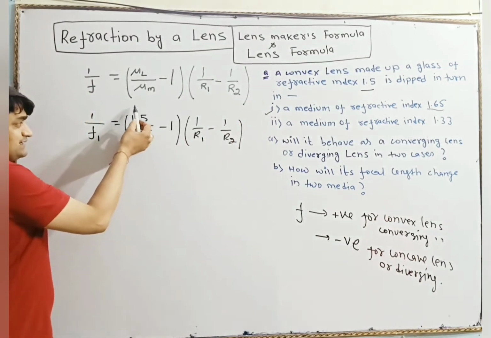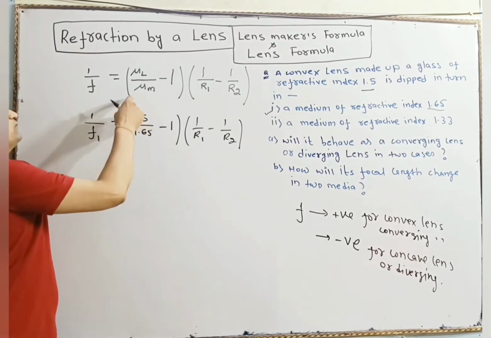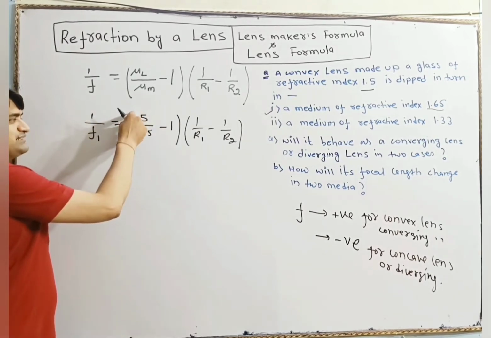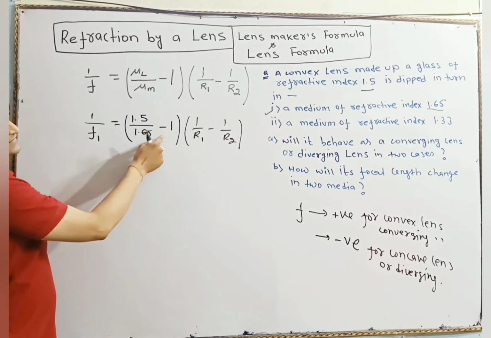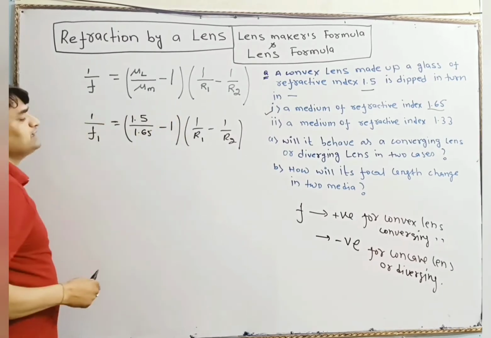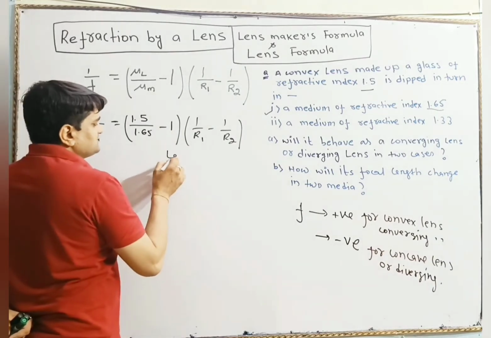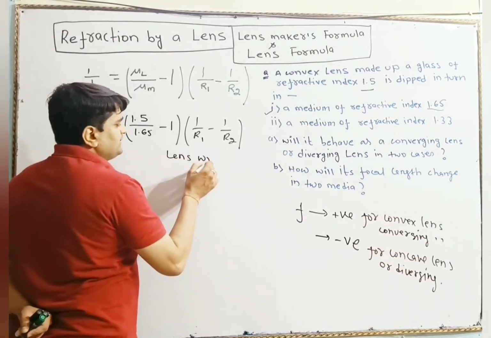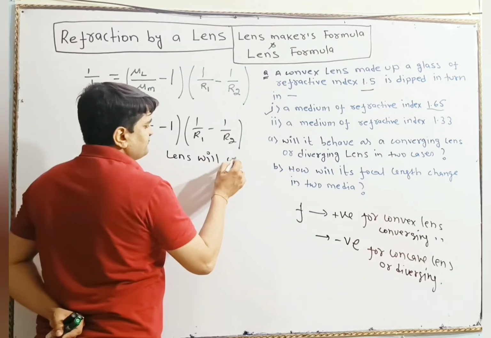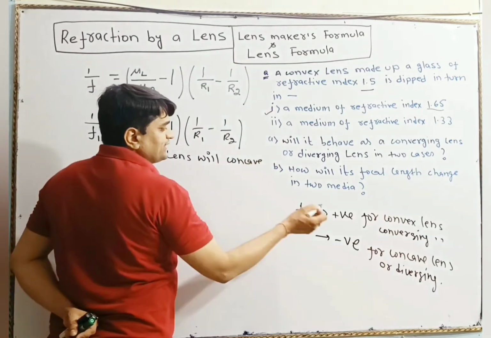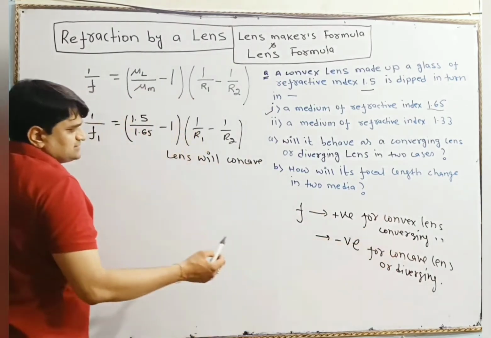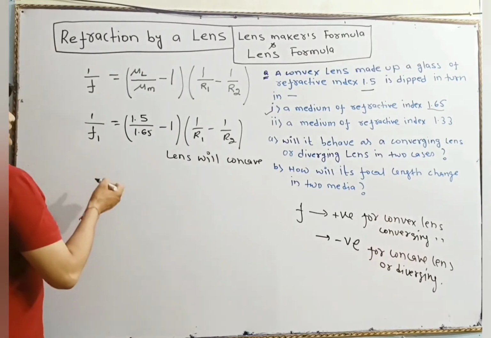See here, this ratio is less than 1, because 1.5 is less than 1.65, so this term will be negative. So in this case, the lens will be concave, which means a diverging lens.